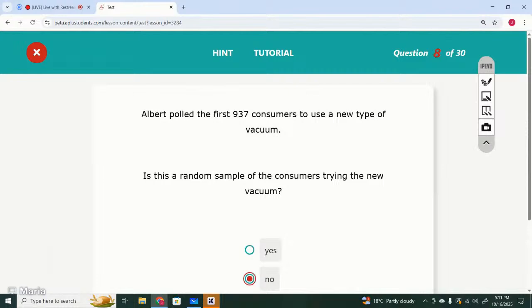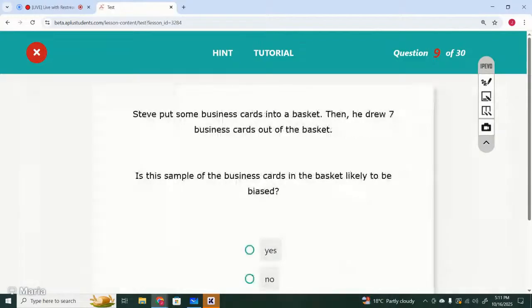They are different than the others, the first 937. Steve put some business cards into a basket.